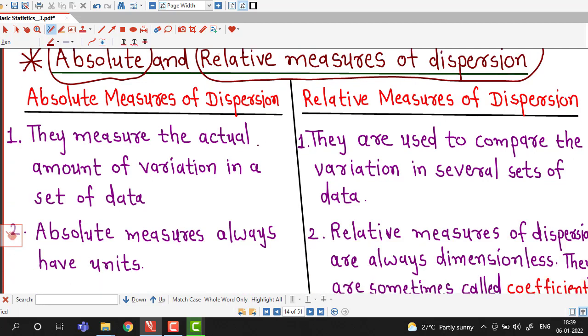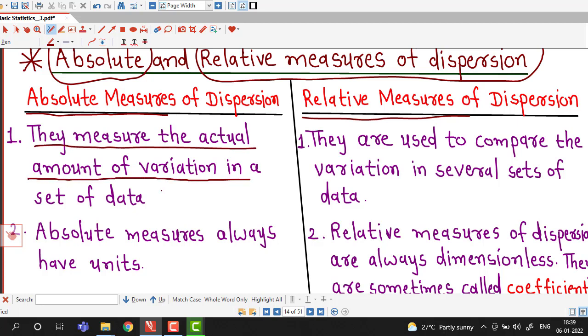Here I have made a partition. Here I have written absolute measures of dispersion, here I have written relative measures of dispersion, and I have written the differences. Absolute measures of dispersion measure the actual amount of variation in a set of data, and relative measures of dispersion are used to compare the variation in several sets of data.